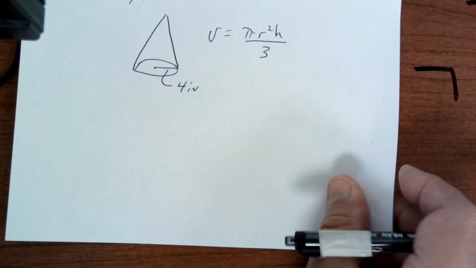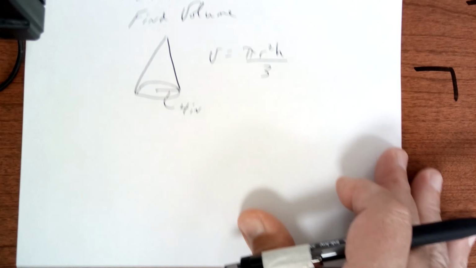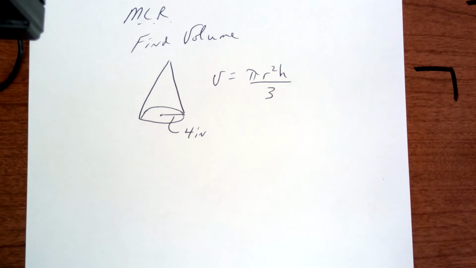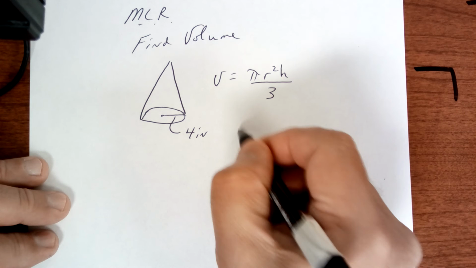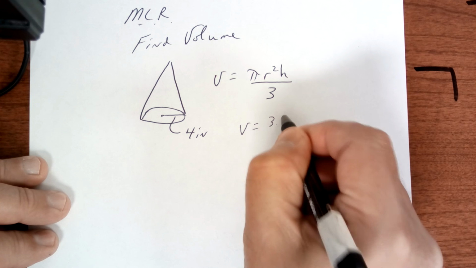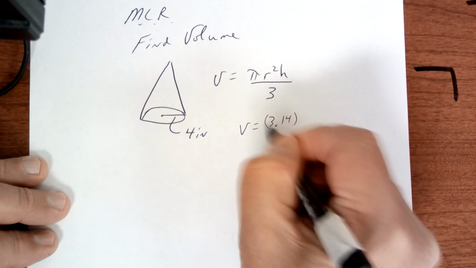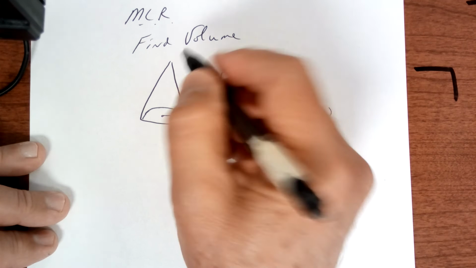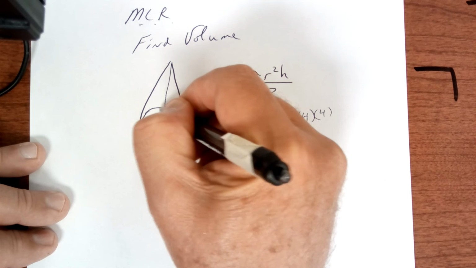And for MCR class, try the volume of that. It's going to be volume equals pi times the radius squared, 4 times 4, times the height. Now there is no height here, so we'll make the height 5.